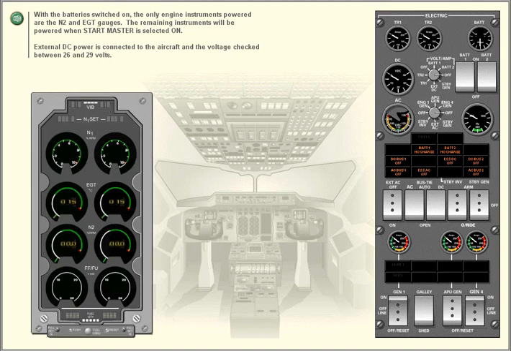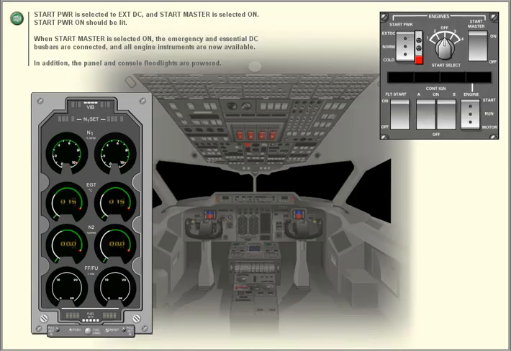External DC power is connected to the aircraft and the voltage checked between 26 and 29 volts. Start power is selected to external DC and Start Master is selected on.